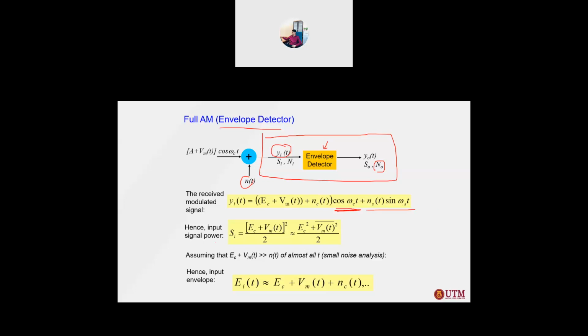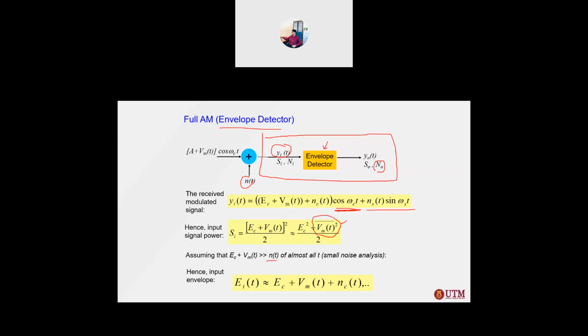Hence the input signal power SI is EC plus VMT squared over 2, that is, over 2 EC square plus VMT. This means it's not VM, it's Vmax over square root of 2, and then over 2. Assuming that EC plus VMT is greater than the noise.